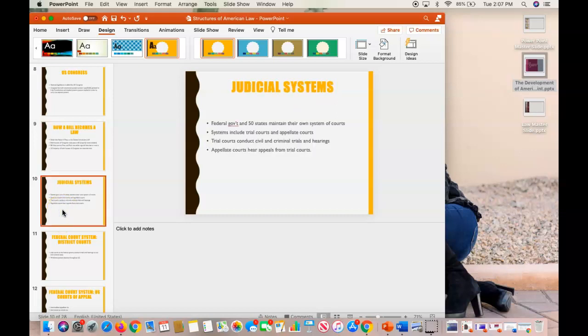Last week, we discussed precedent and stare decisis. Let's talk more about judicial systems. The federal government and 50 states maintain their own system of courts. These systems include trial courts and appellate courts.